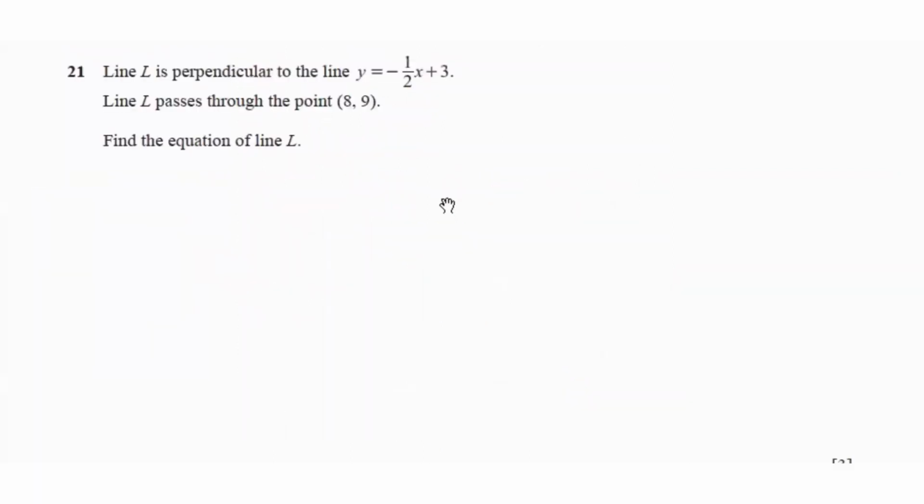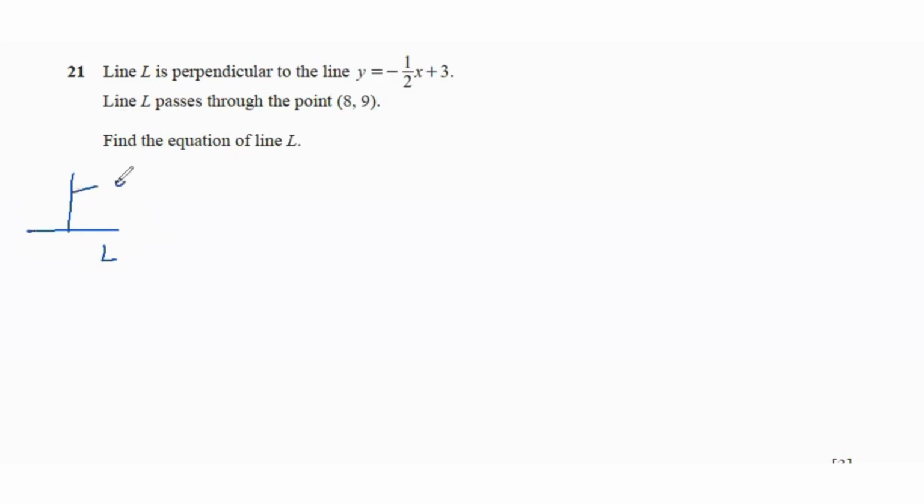Line L is perpendicular to the line y equals negative 1 over 2x plus 3. Line L passes the point 8, 9. Find the equation of L. So line L is perpendicular to this line.